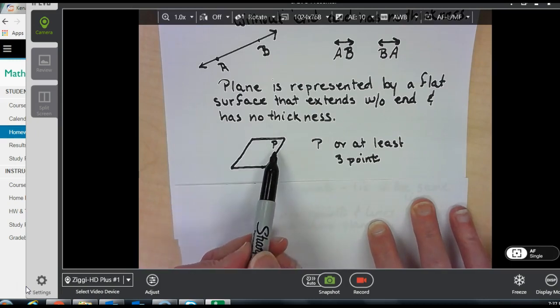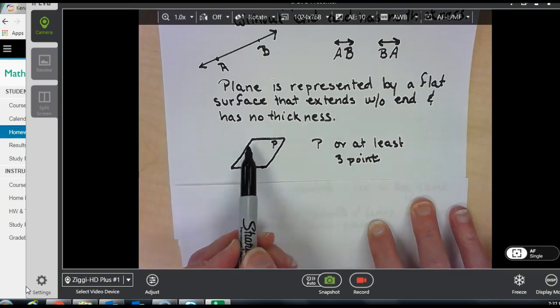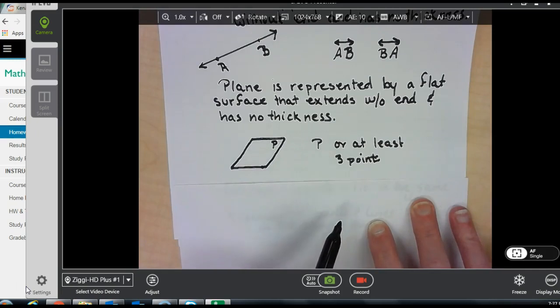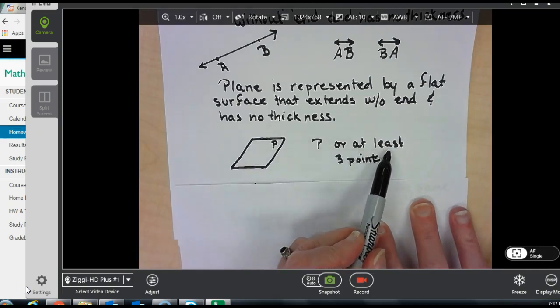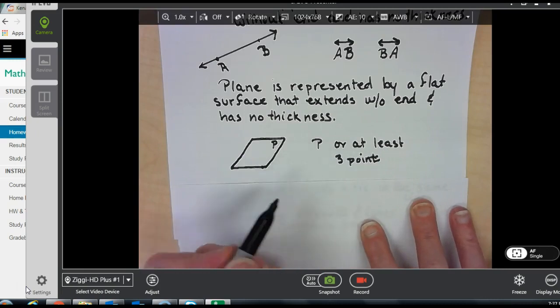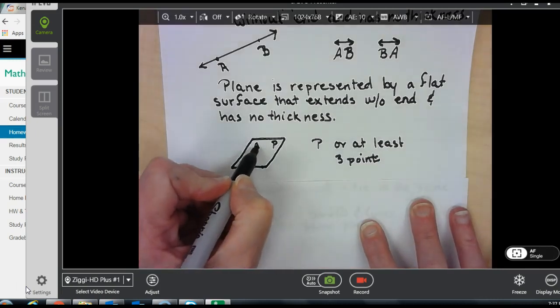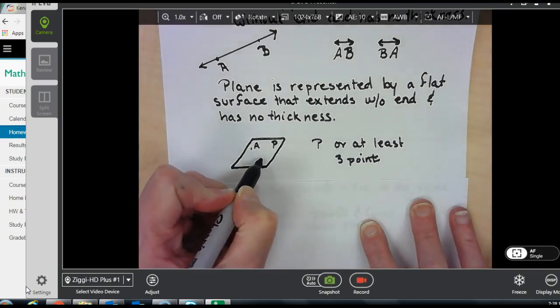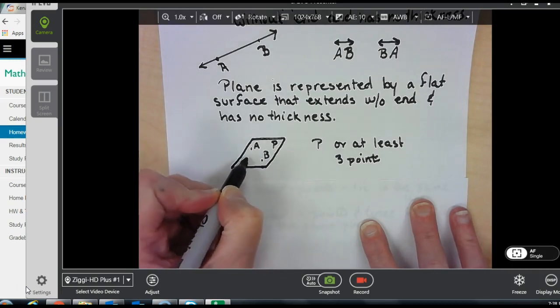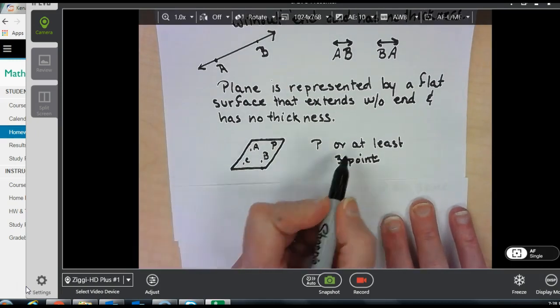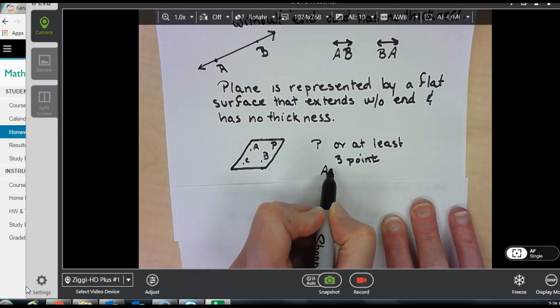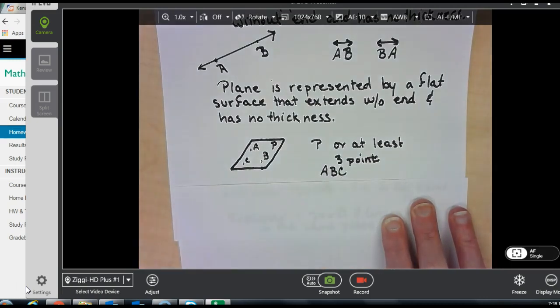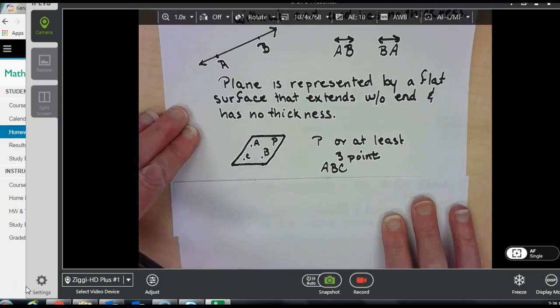If there's a letter in it, we can call this plane plane P. Or we have to use at least 3 points. So we could put a point A, point B, and point C on there, and then that would be plane ABC. If you see 3 letters together or even 4 letters together, that represents a plane, and we don't need any other symbols with it.